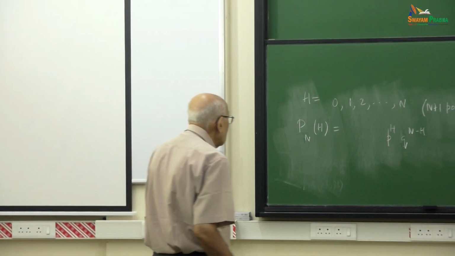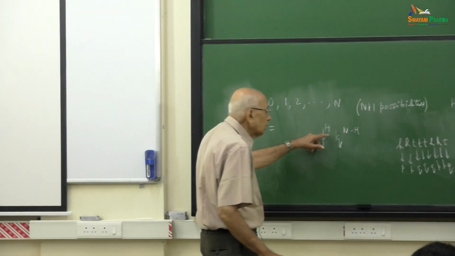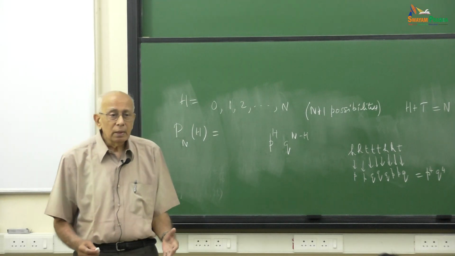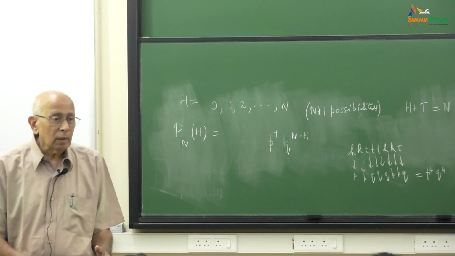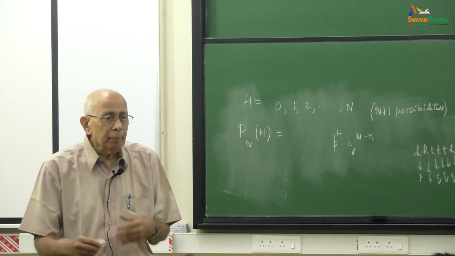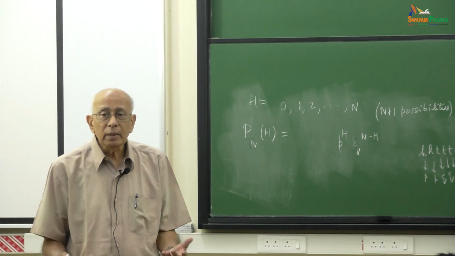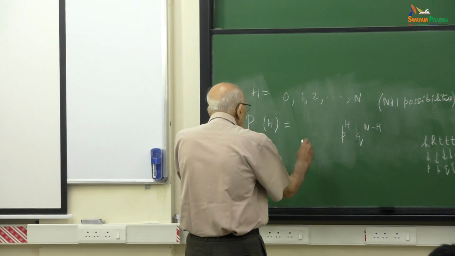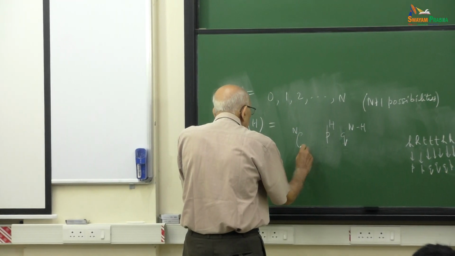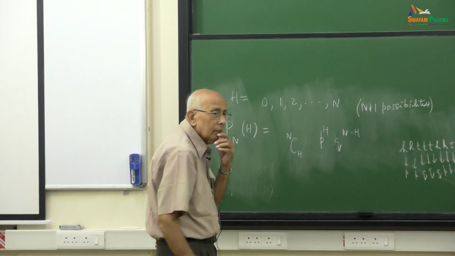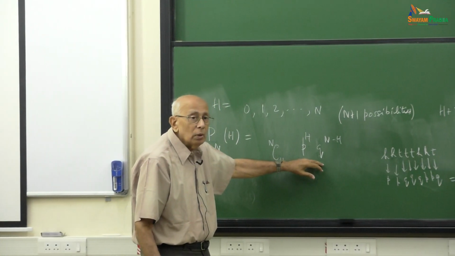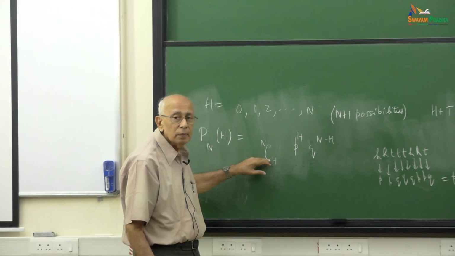But now what we are asking is, we want a total number of heads, h, but we are not saying in what order these heads should appear. They could have all appeared in the first shot, they could have all appeared together or separated by t's and so on. In how many ways can you arrange h heads out of n coins? NCH. N choose h. So this is applying the AND rule and this is applying the OR rule.